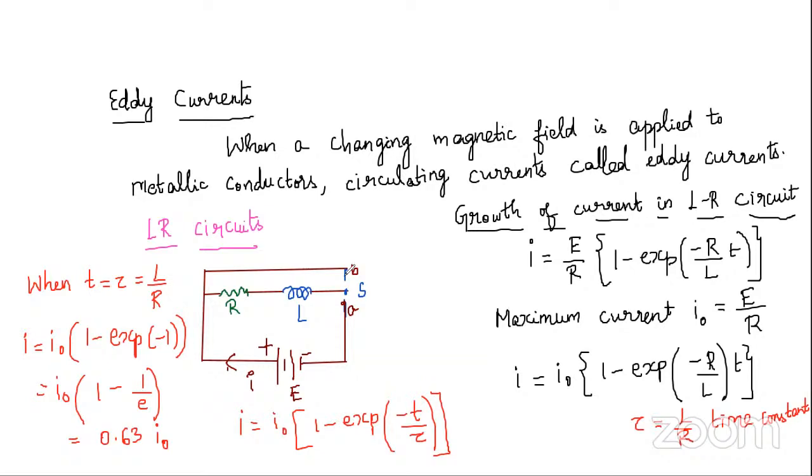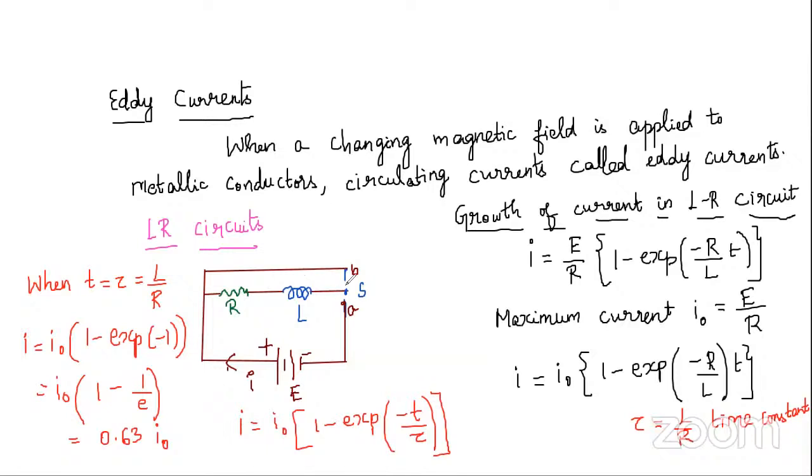If there is no inductor coil here, the current in the circuit would have fallen immediately to 0 when you change the switch position to the point B. But here you have the inductor coil. The concept of inductor coil is that the back EMF is generated in such a way that it opposes the change that causes it.